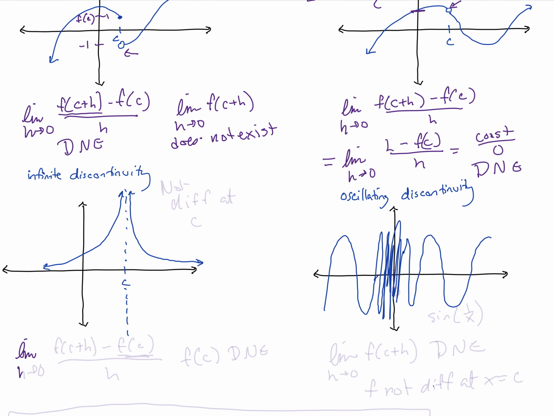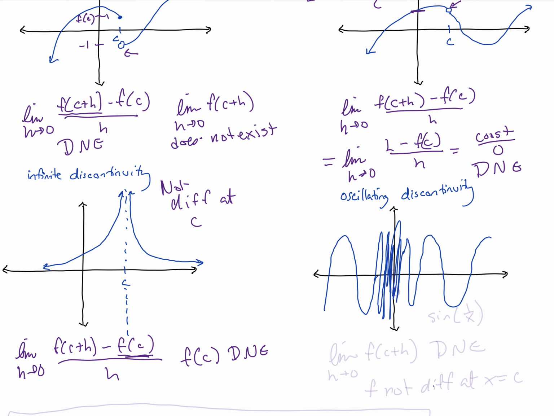The limit as h goes to 0 of f of c plus h minus f of c, divided by h. Well, first of all, f of c does not exist if we have a vertical asymptote. And that's enough to say that, if we can't even evaluate this, then that limit is just not going to exist. Not differentiable at c if there's an infinite discontinuity or a vertical asymptote.